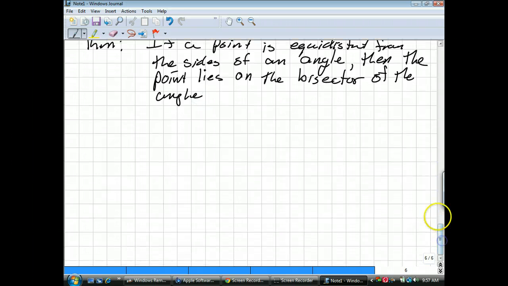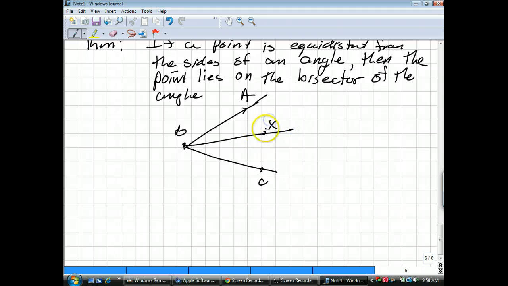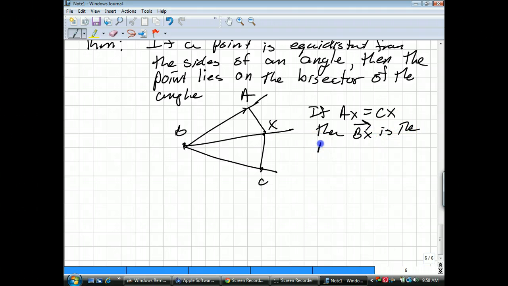Okay, so again, it's just the converse. So if you know that AX is equal to CX, then ray BX is the bisector of angle ABC.